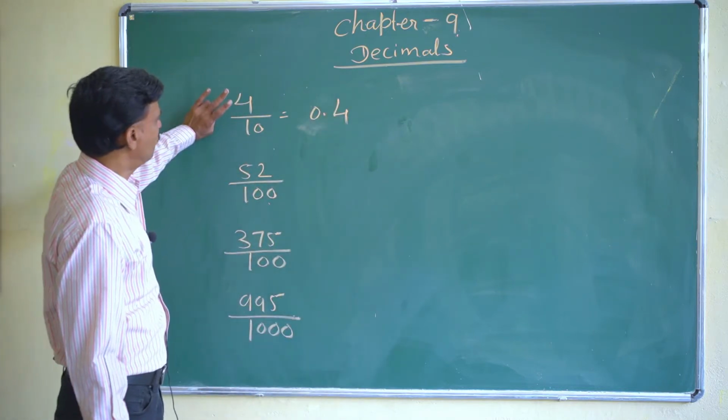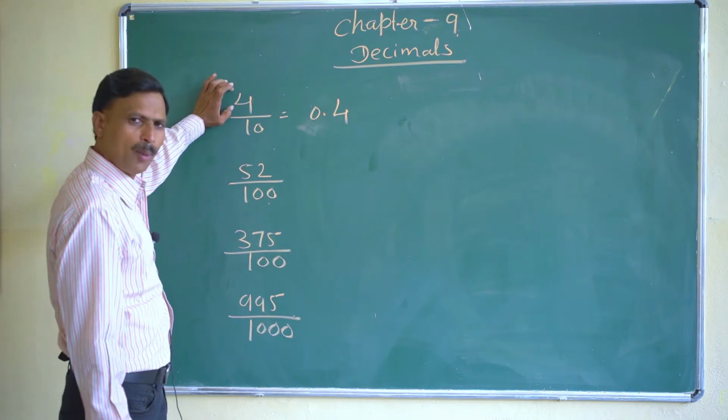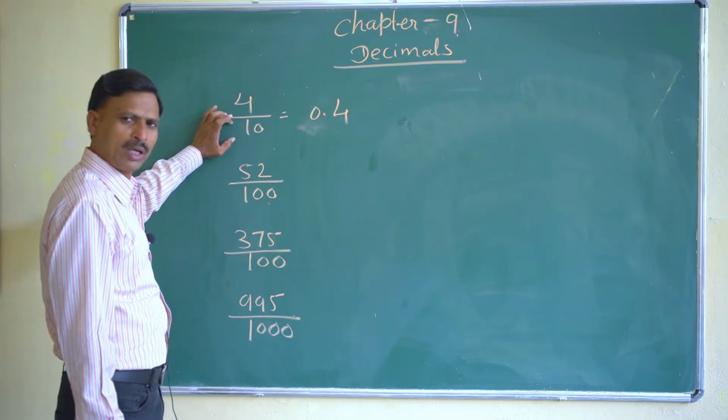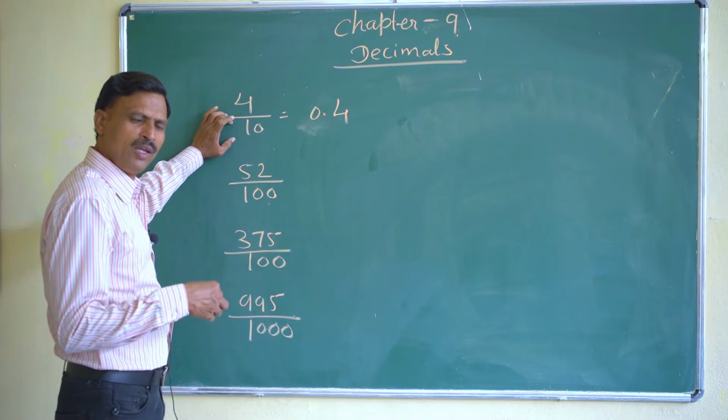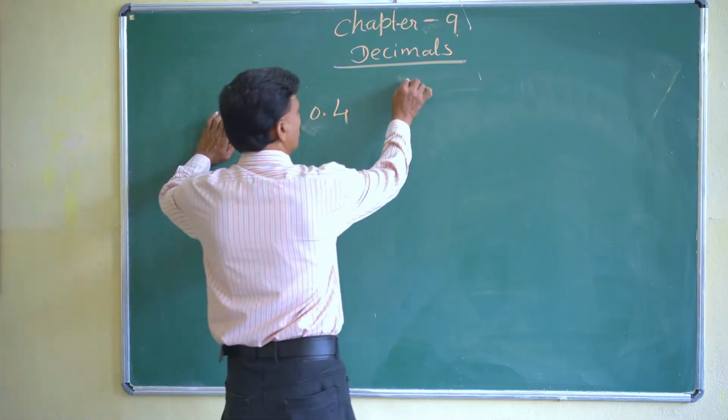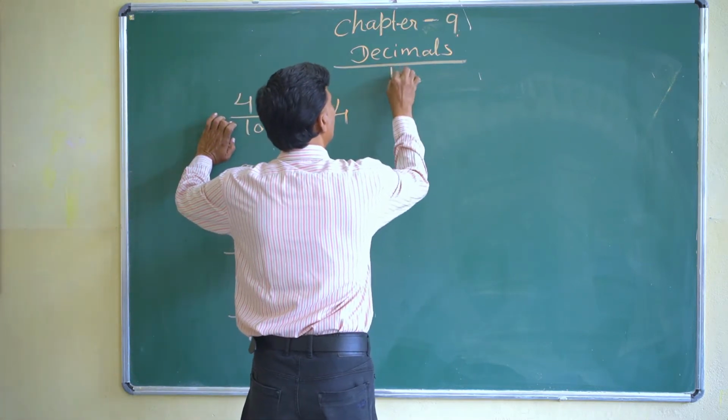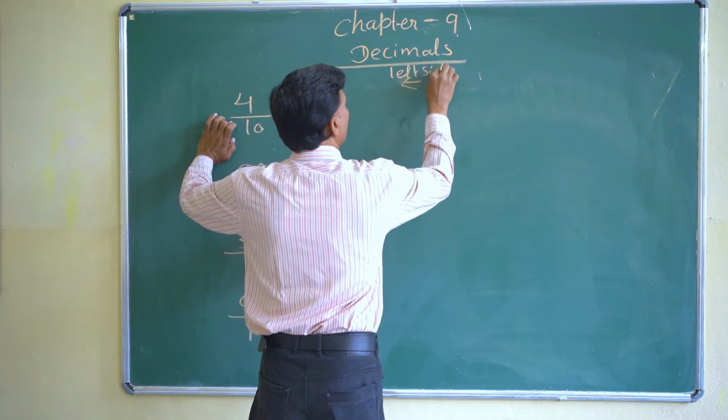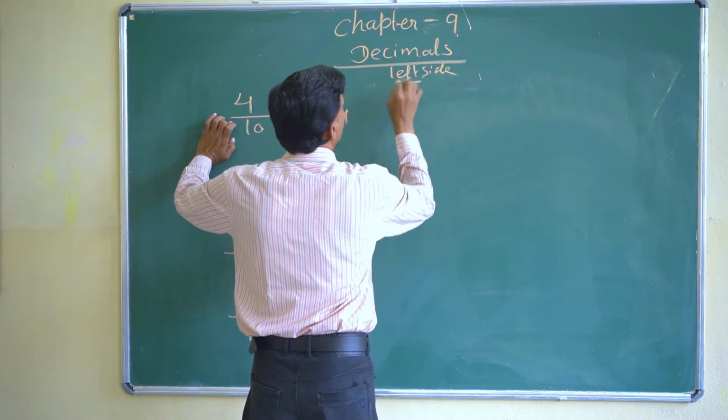Why? Because whenever we divide a number by 10, the decimal will move toward the left side. If we divide by 10, the decimal will move one digit.